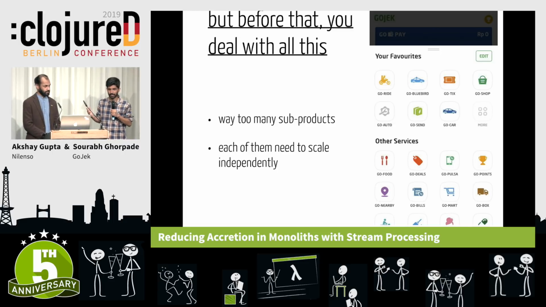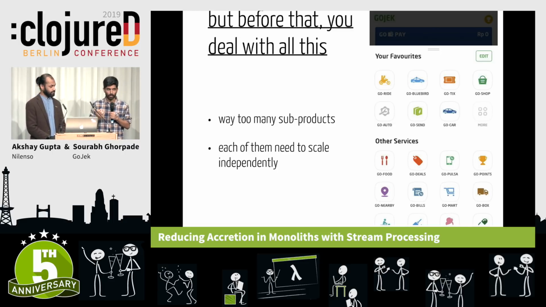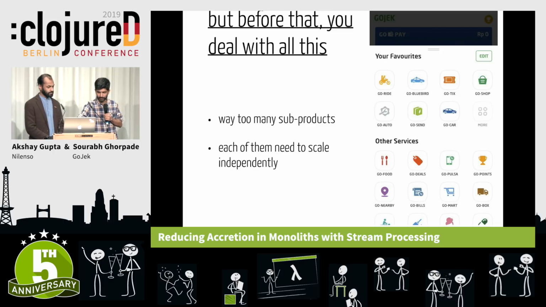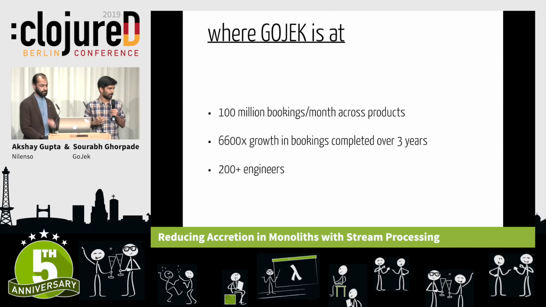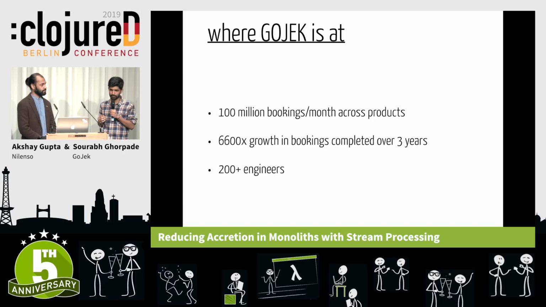Go-Jek is a super app with so many products, and all of them need to scale independently. Currently, we are doing around 100 million plus completed orders every month, and we have had insane growth over the last 3-ish years, with just about 200 plus engineers managing all this. I wanted to set up some context to understand our problems.